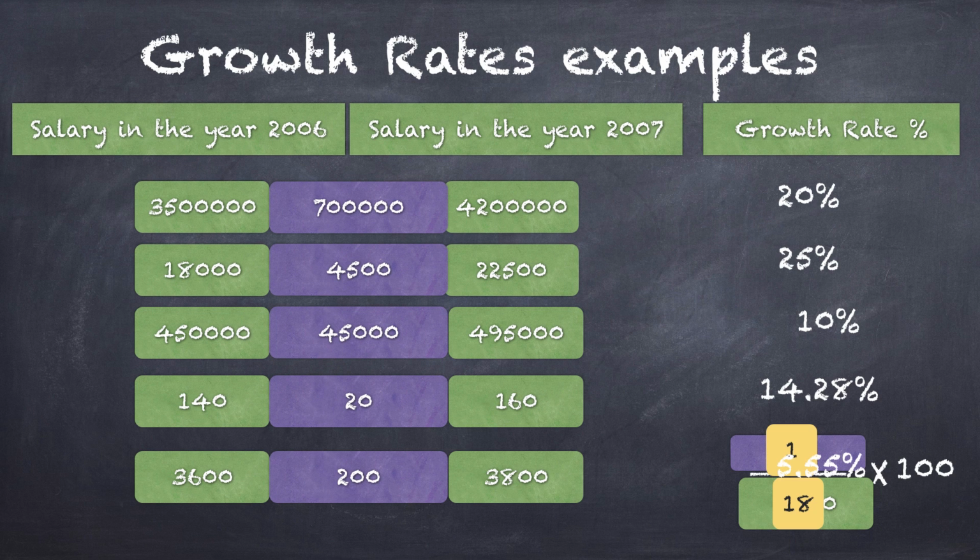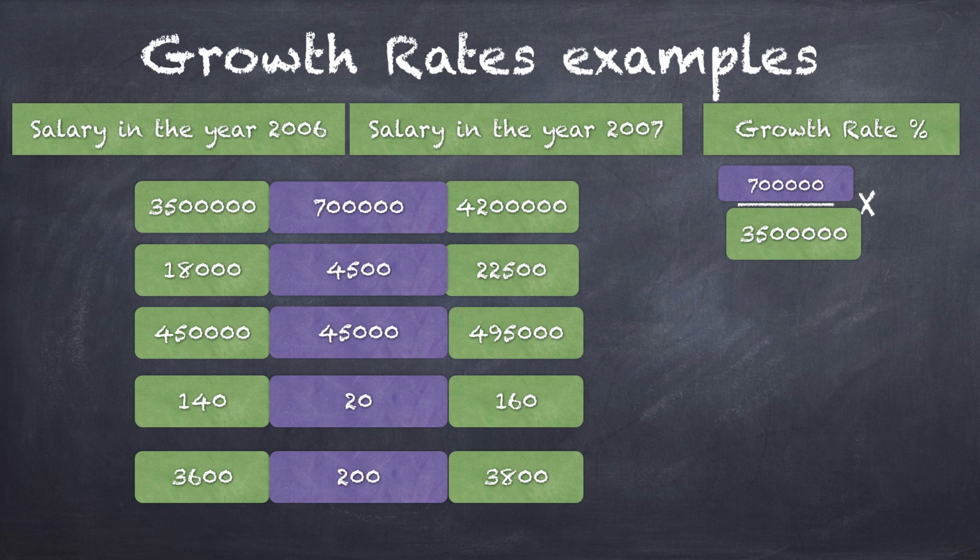What we also saw in this process is that the numbers could be of very different scales, but in each case after the calculation it gets reduced to a very basic reciprocal. I got 1 by 5 and 1 by 4 and 1 by 10 and 1 by 7 and 1 by 18.